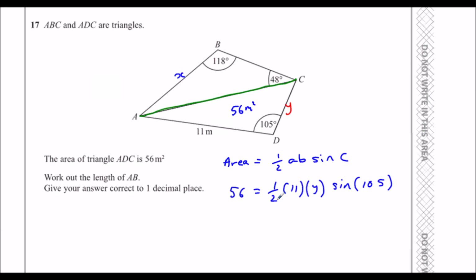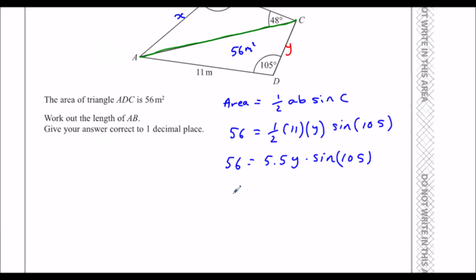So if we do half times 11 first, that's 5.5 times Y times sine 105. So to get Y by itself, we're going to divide by 5.5 sine 105.